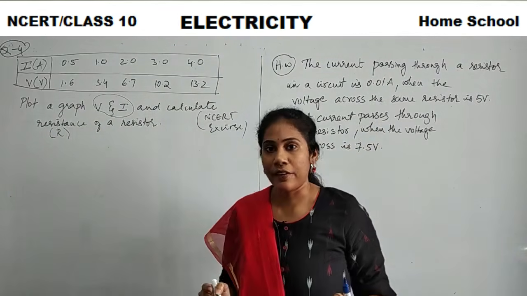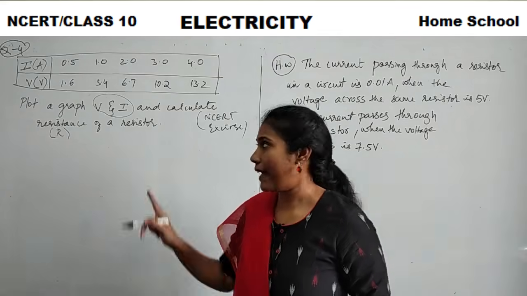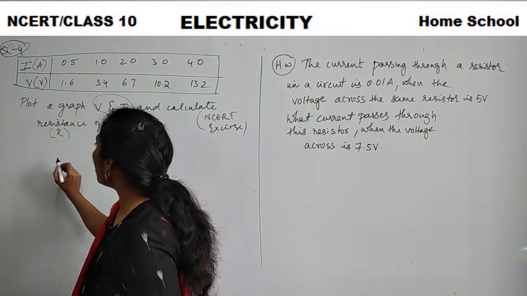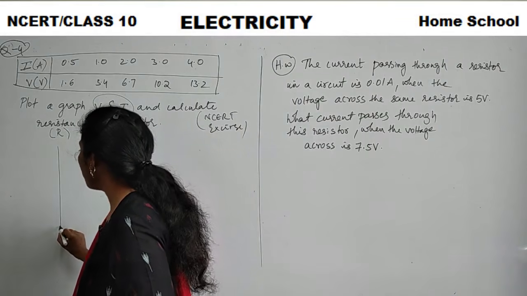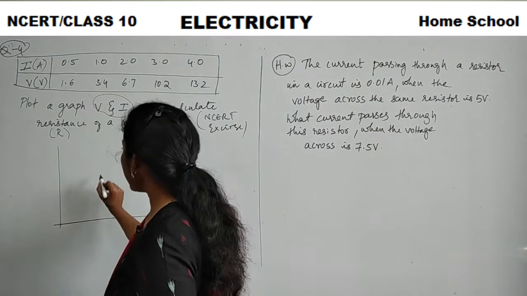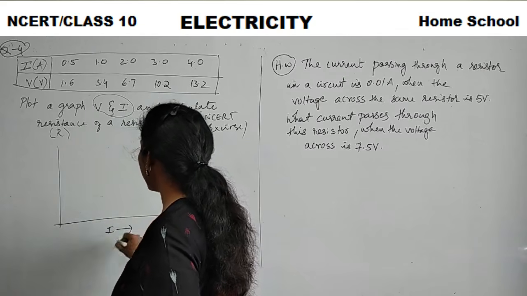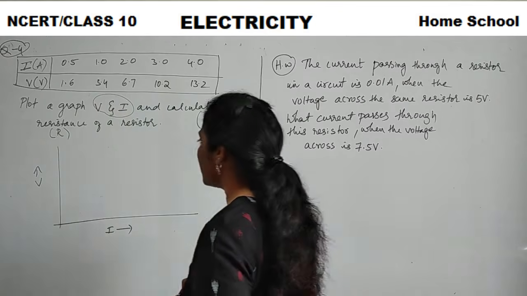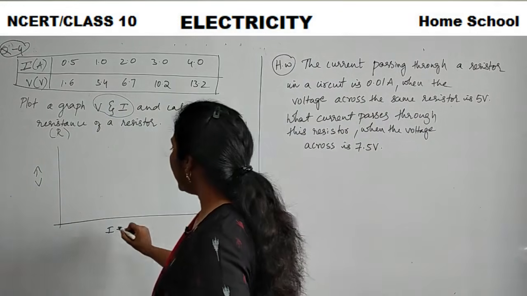Clear? Plotting a graph. I already told you how to plot a graph looking at the values. You know this, right? So let us try to plot a graph here. So this is our x-axis. In the x-axis, I will take current, and in the y-axis, we will take voltage. Okay. So how do you take a scale in the x-axis?